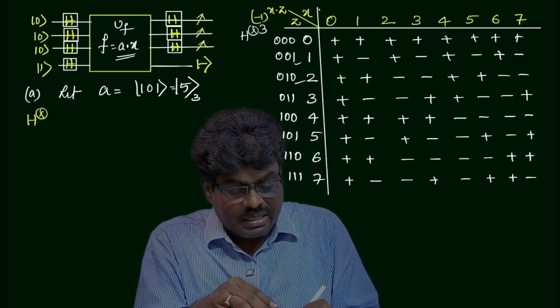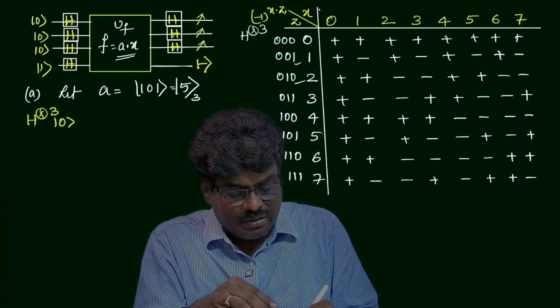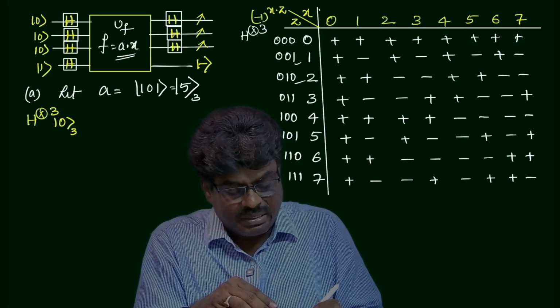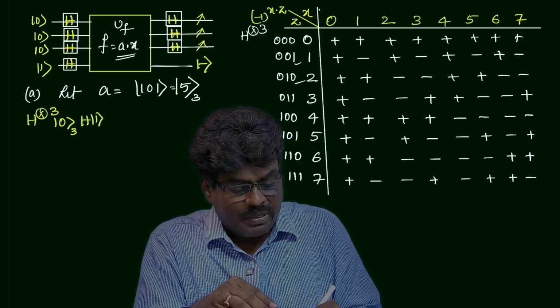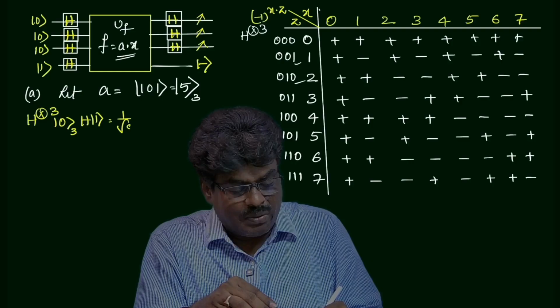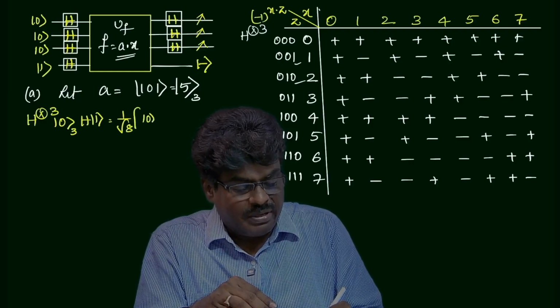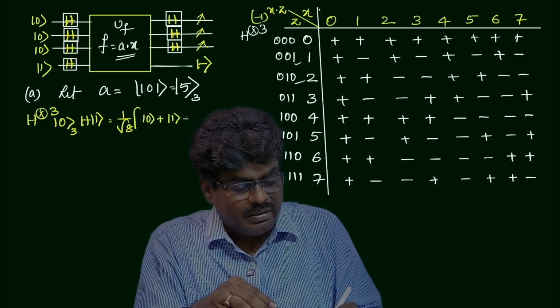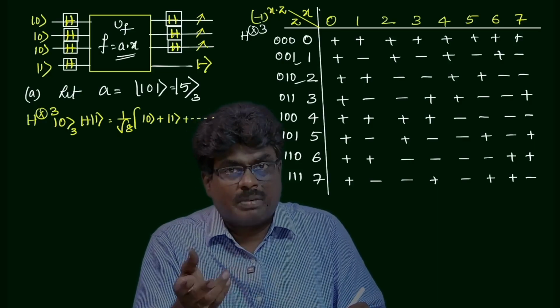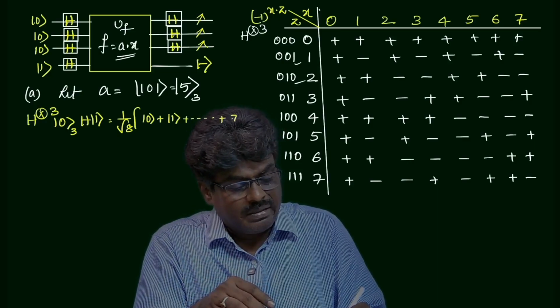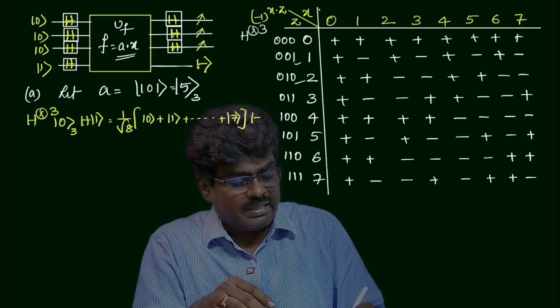H tensor 3 operates on 0, here we have 3 qubits, and H operates on 1 minus, which is nothing but 1 over root 8. So here you will get |0⟩ plus |1⟩ plus up to |7⟩, all plus only, that's why I'm writing like this, and next minus.